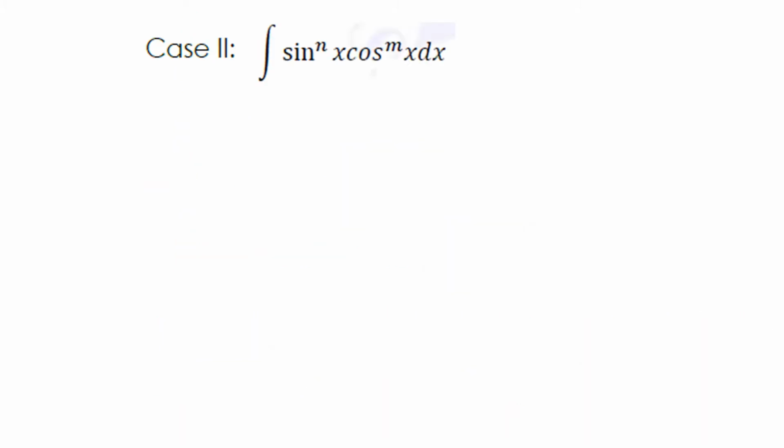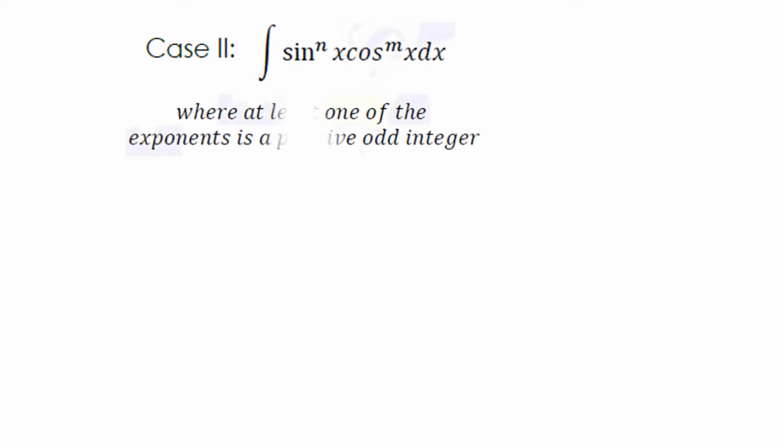The second case involves a sine and a cosine in our integrand, where at least one of the exponents will be odd. So it is possible that it is the exponent of sine to be odd, or it is the exponent of cosine x will be odd, or the other one is odd and the other is even.